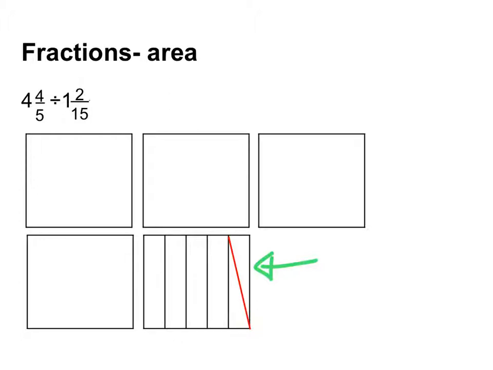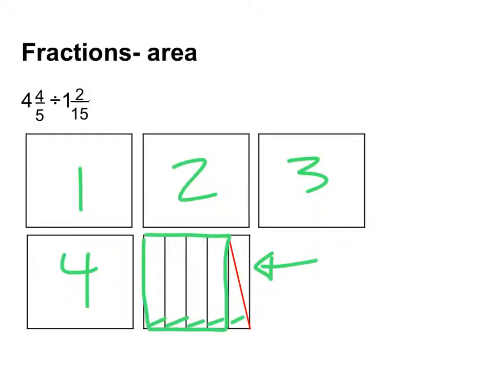Because I want 4 4/5. So here is 1, 2, 3, 4. My last box needs to get broken into 5 parts, but I only want 4 of those 5 parts to be 4 4/5. And I always keep that last box, or the boxes that aren't being used, because it helps me remember how big the pieces are.